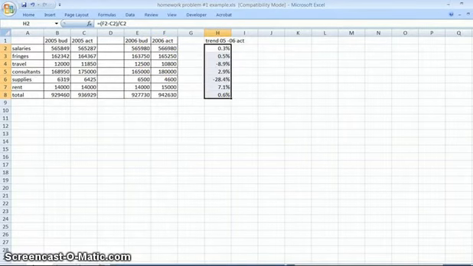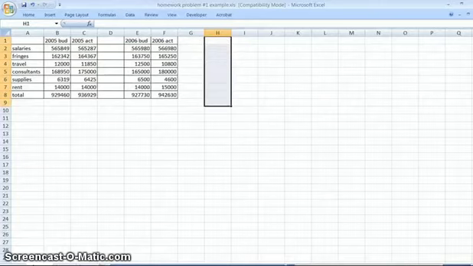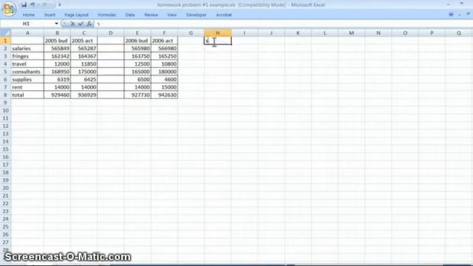Okay, the next one is going to be share analysis. So hold on. Okay, here we go. We're doing the final of the problems for problem one, the final type of analysis, which is a share analysis. So in this instance, we're going to do the share on the '05 budget.